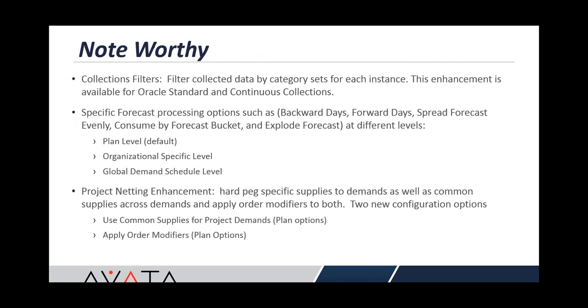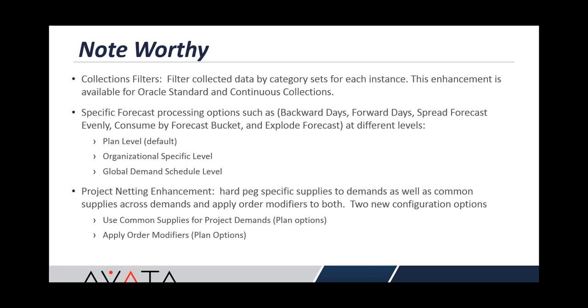You also have the ability to start doing collections in different ways, filtering on categories as opposed to collecting the entire org. And some of the forecast processing options are now able to be controlled at an organization level, where historically it's only been at a plan level, and that's going to be huge.